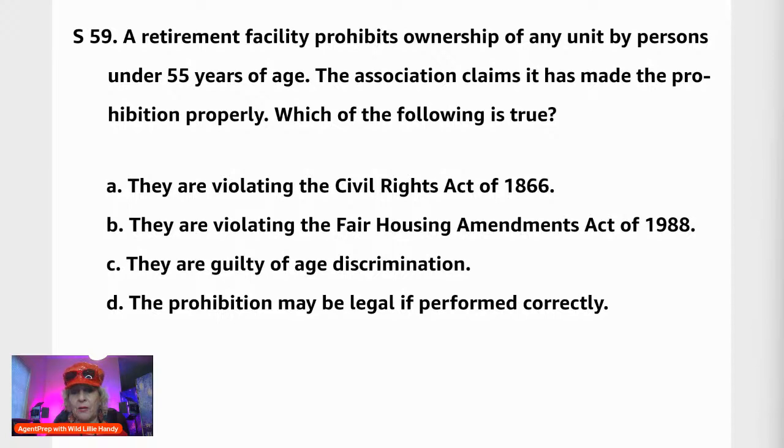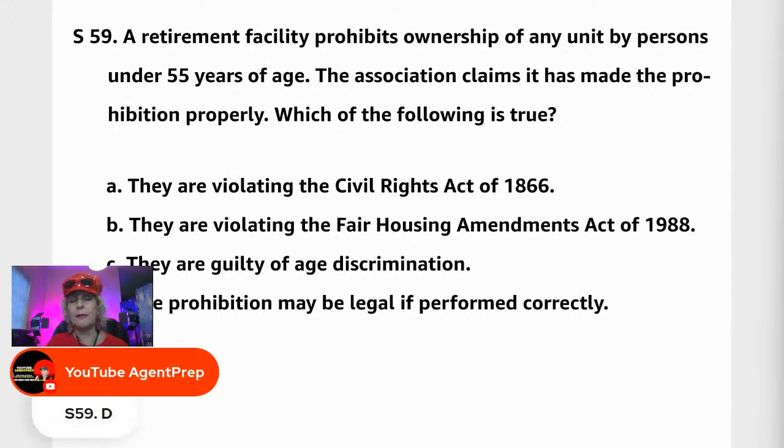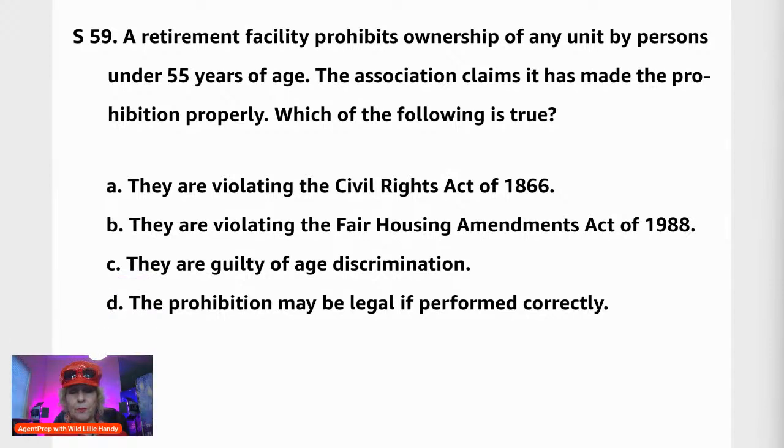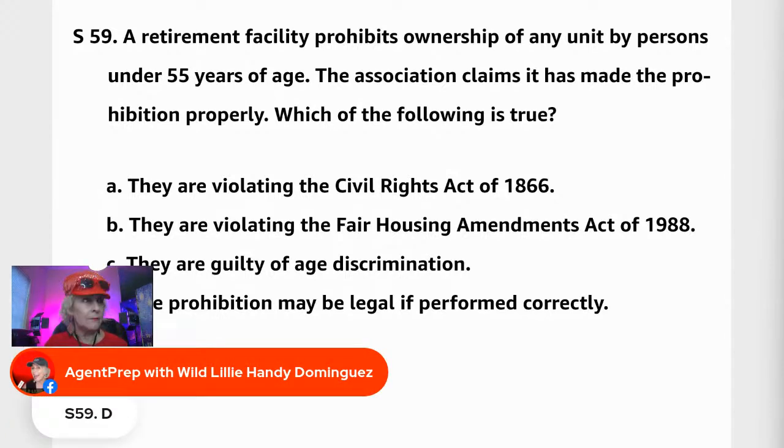If that retirement facility did not follow the right rules to apply for that, and they have to prove it and justify it, then they would be violating the Civil Rights Act, right? Violating the Fair Housing Amendments Act of 1988 on age. However, the prohibition may be legal if it is performed correctly. And to be a 55 plus retirement community, they're going to do that.